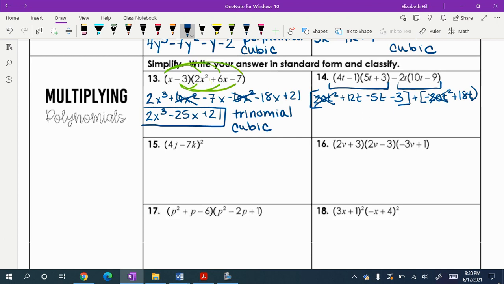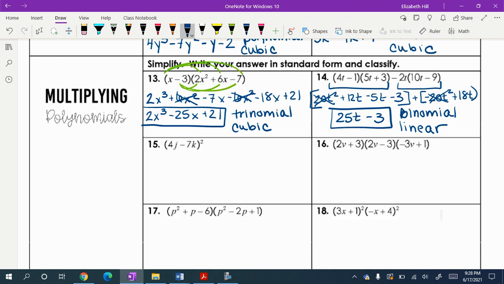I have 12t minus 5t, which is 7t. 7t plus 18t gives me 25t. And then I've got -3 that's there. So this one right here is going to be a binomial, and it's got a first degree, so it would be linear.